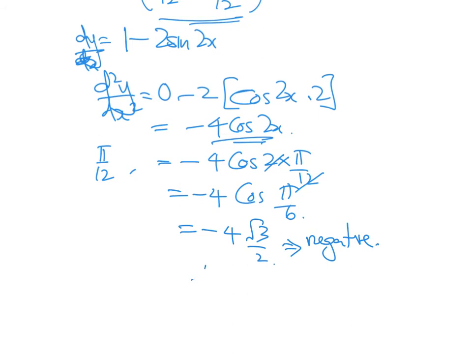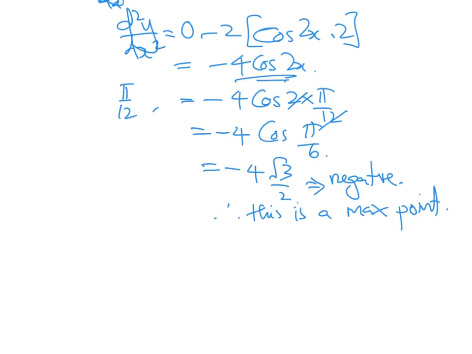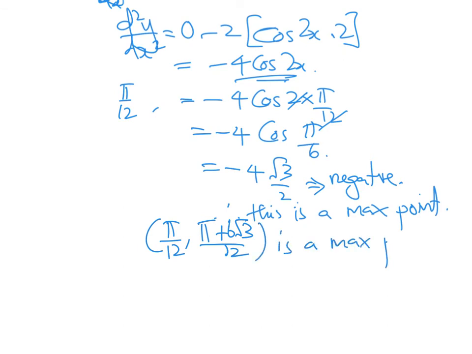If it's a negative value, therefore this point is a maximum point. So when x equals pi over 12 and y equals pi plus 6 root 3 over 12, it is a maximum point.